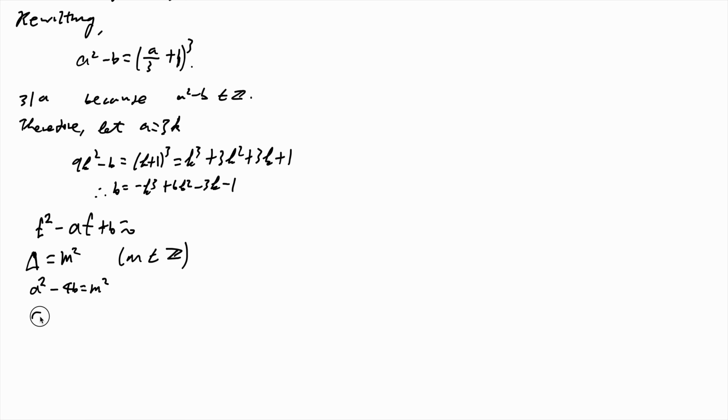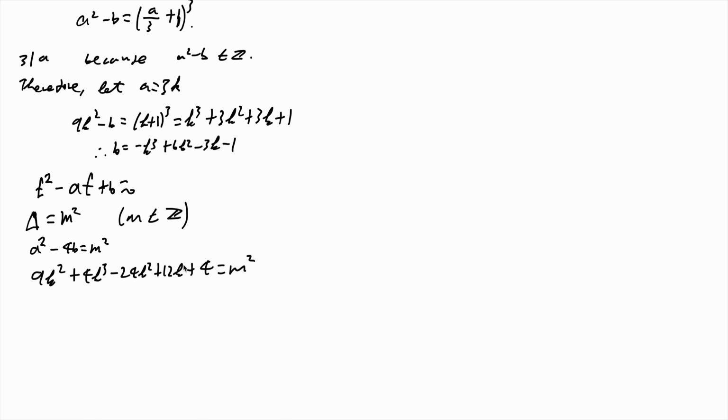And what is a? 9k squared plus 4k cubed minus 24k squared plus 12k plus 4 equals m squared. So rewriting it, we have 4k cubed minus 15k squared plus 12k plus 4 equals m squared.